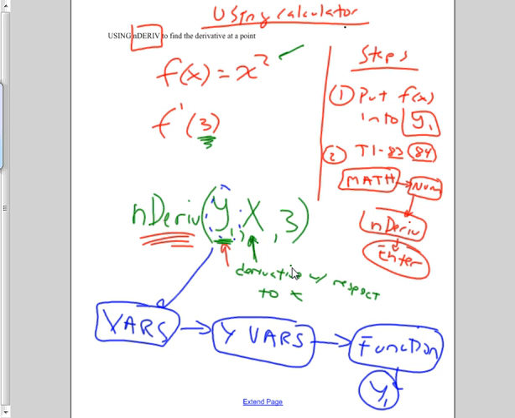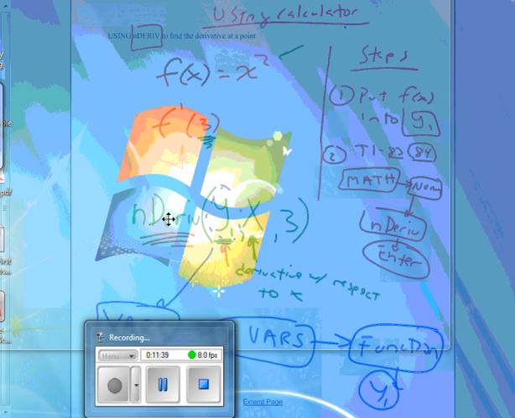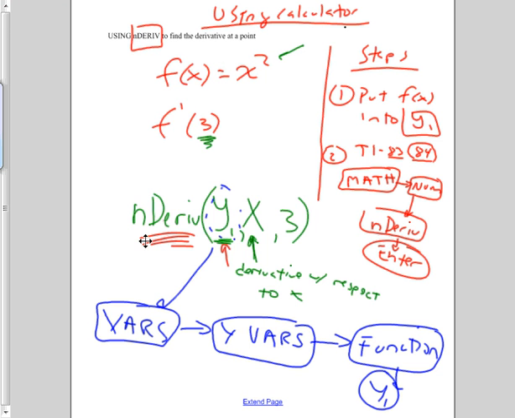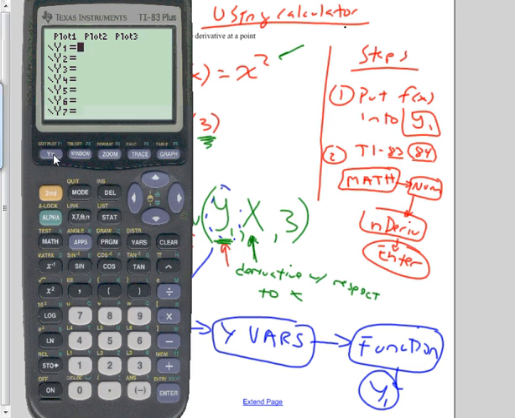So we're going to pull up a calculator, and you should be doing the same thing. Don't just watch and say, I know what we've got going on. I want you to actually have your calculator out and do this with me. We're looking at the function x squared. I just did step 1, where I'm putting the function into y1.